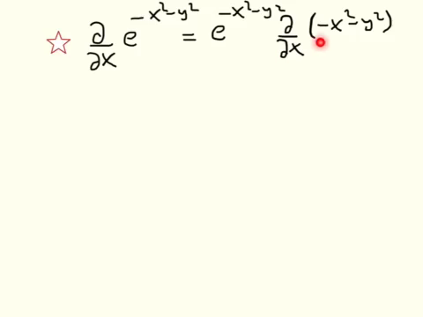This is going to give us minus 2x, and this is going to give us 0 because this is a partial derivative with respect to x, and y is an independent variable, it is different to x. So from this we're going to get minus 2x, so putting the minus 2x in front, we have minus 2x e to the minus x squared minus y squared.